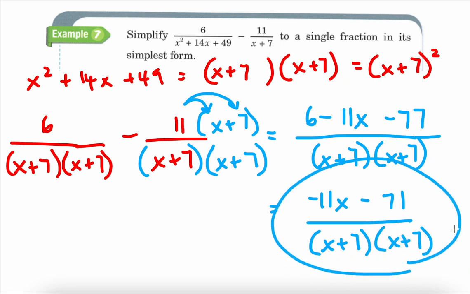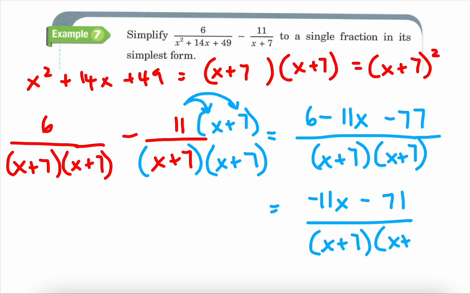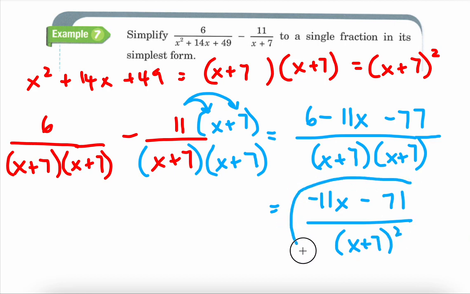And that's your final answer. And if I wanted to just make it a little prettier, I actually could rewrite that denominator as x plus 7 squared, but I'm not actually going to multiply it out. Okay, so I will actually make this my final answer.